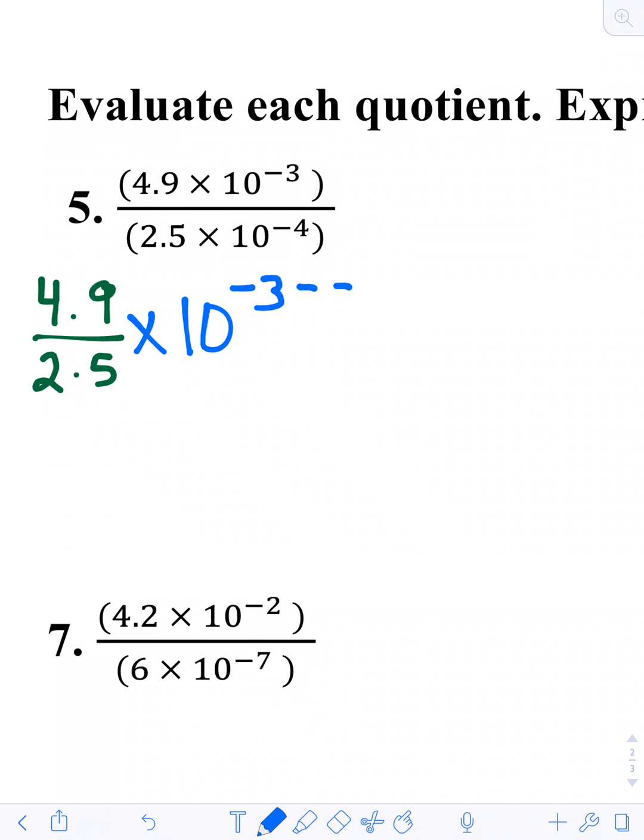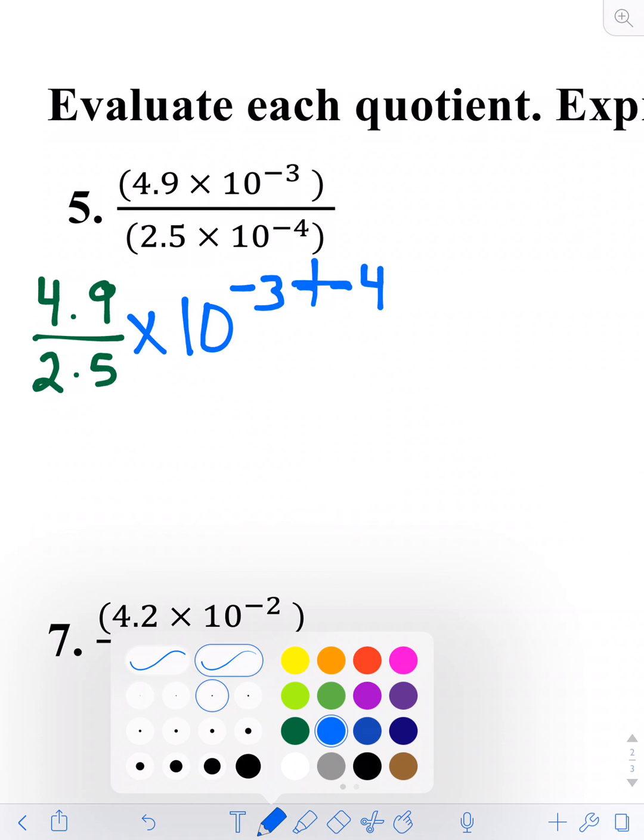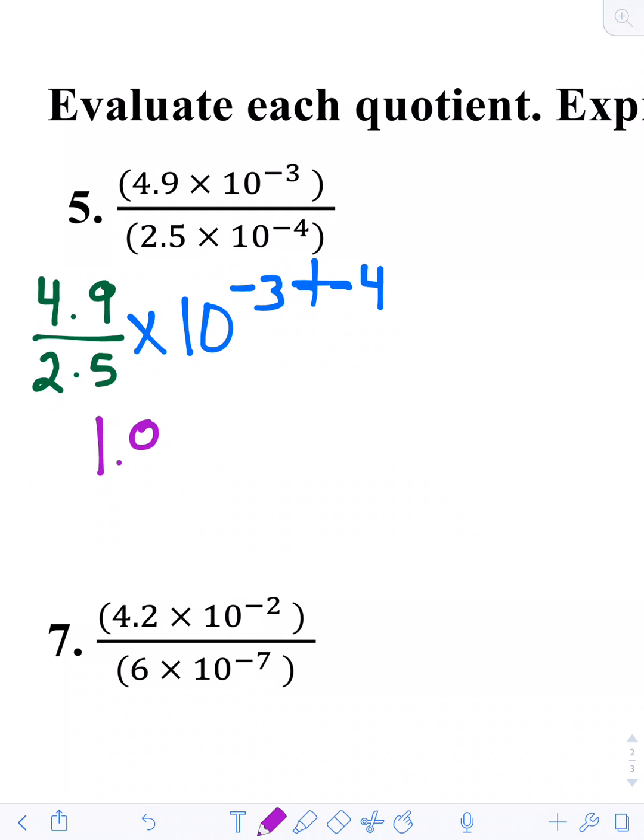So minus negative 4. Remember, a minus and a negative become a positive. So 4.9 divided by 2.5 is equal to 1.96. So my final answer here would be 1.96 times 10 to the negative 3 plus 4, which is just 1. And yes, for this on your homework, leave it to the power of 1.